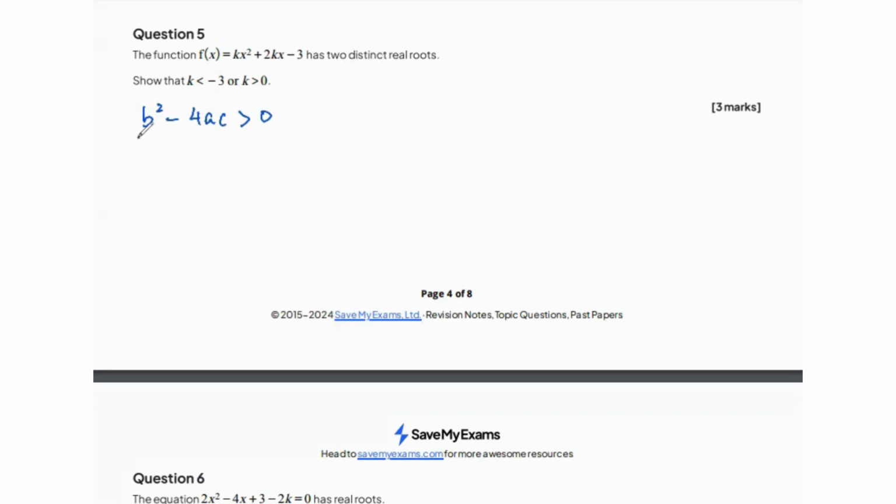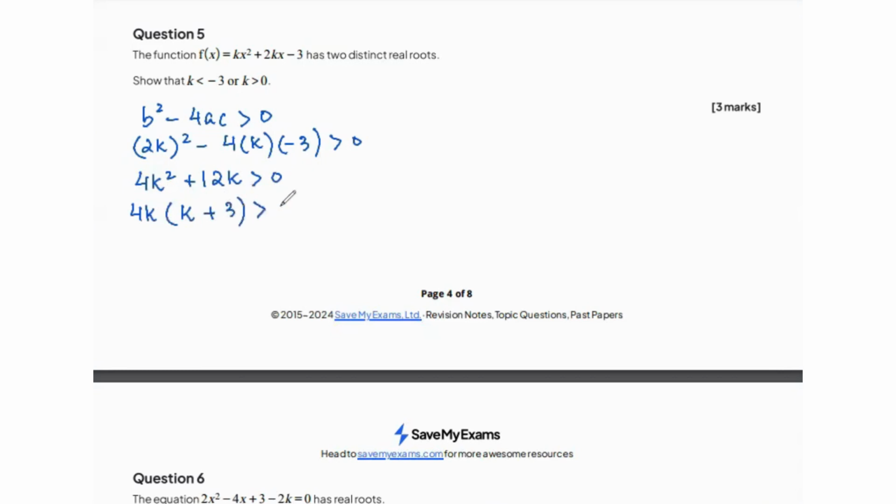So the b value is going to be 2k, which is the coefficient of x. The a value is going to be k because that's the coefficient of x squared, and c is -3. 4k squared plus 12k. Factorize this, 4k is common, so 4k brackets k plus 3.